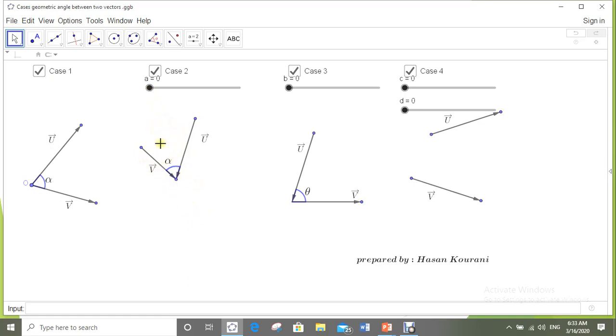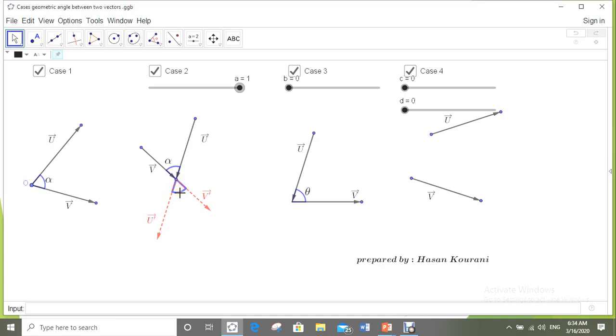To do this, as you will see, we may slide u to get u prime and v to get v prime in a way that u prime and v prime are equal to u and v respectively. By this way, you can easily see that the geometric angle between u prime and v prime, since they have the same origin, is this one.